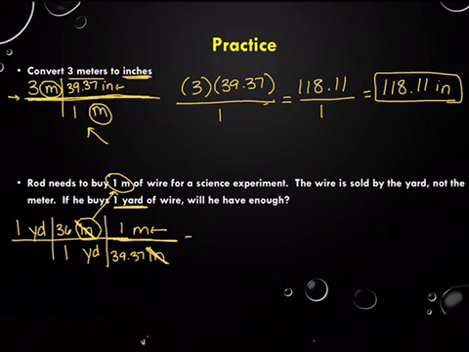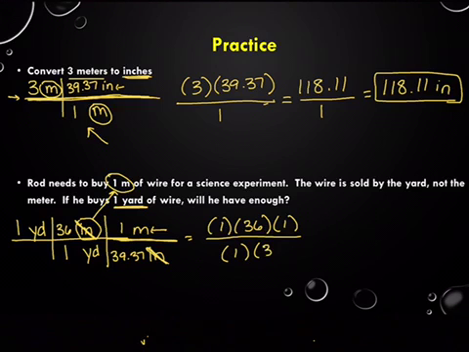So we can multiply across 1 times 36 times the 1 all over 1 times 39.37. And so one of these ones on top can cancel out with the 1 on the bottom. And we know that 36 times 1 is just 36.